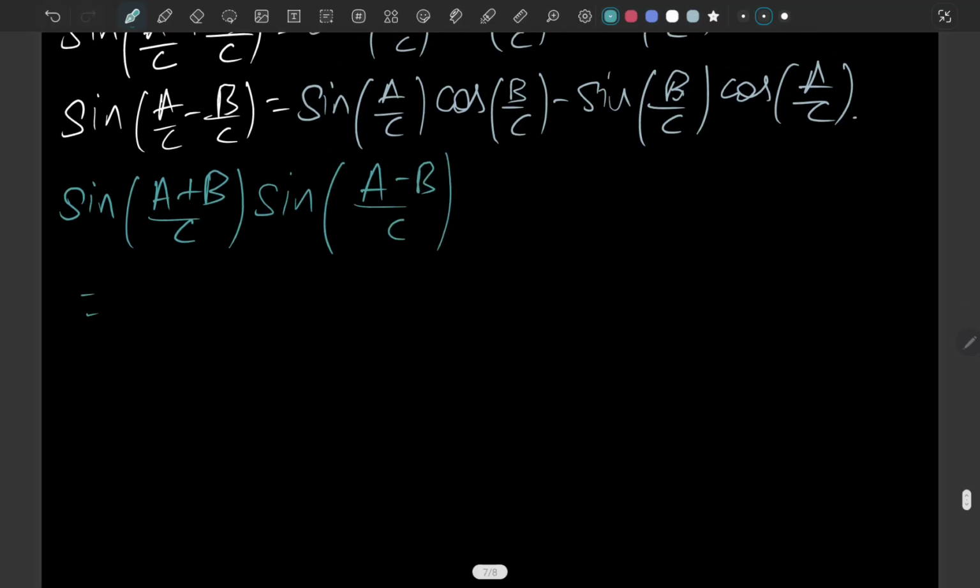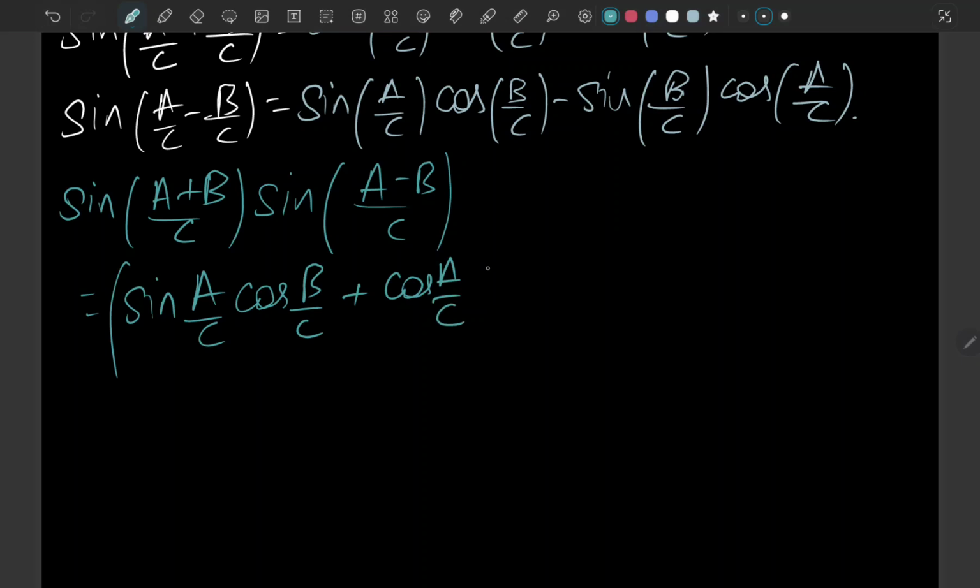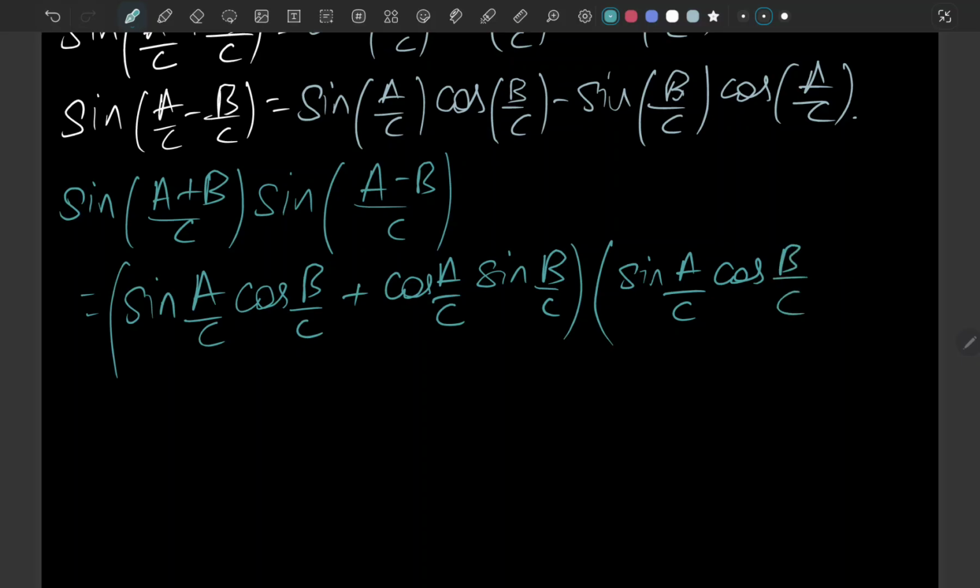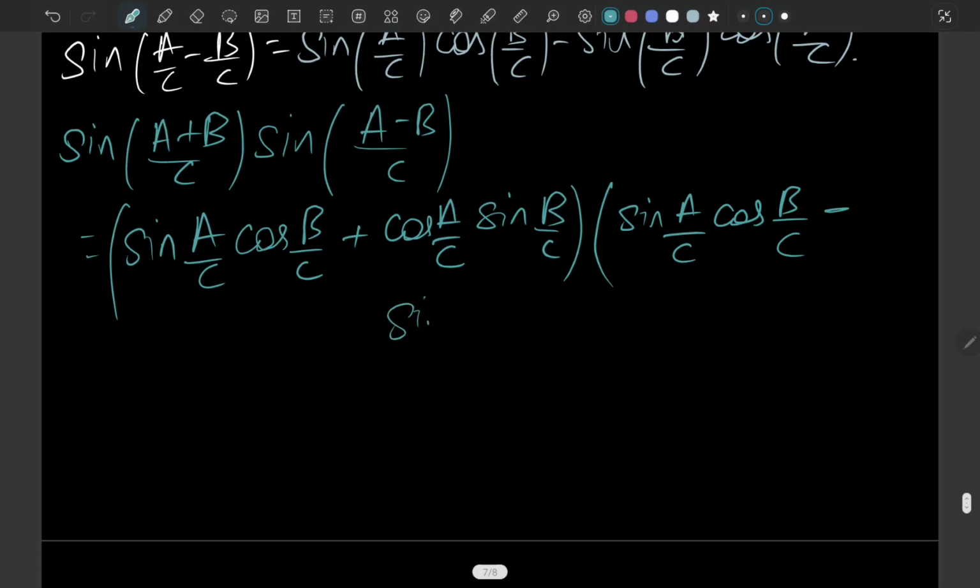That gives us sine of a over c cosine of b over c plus cosine of a over c sine of b over c, times the second factor, sine of a over c cosine of b over c minus sine of b over c cosine of a over c.